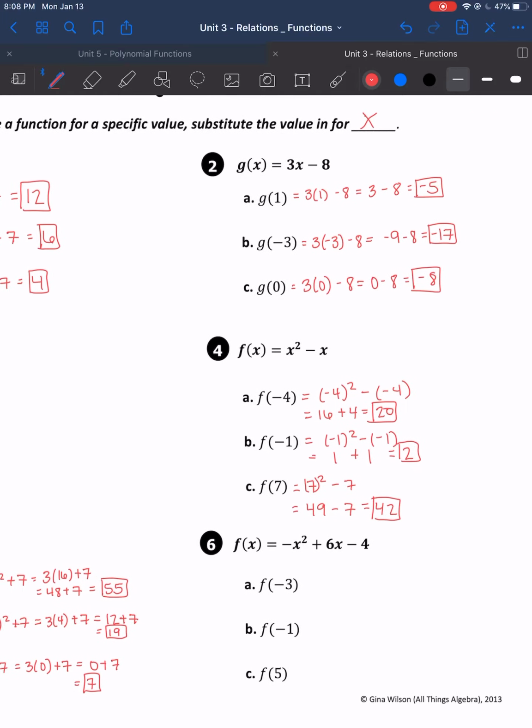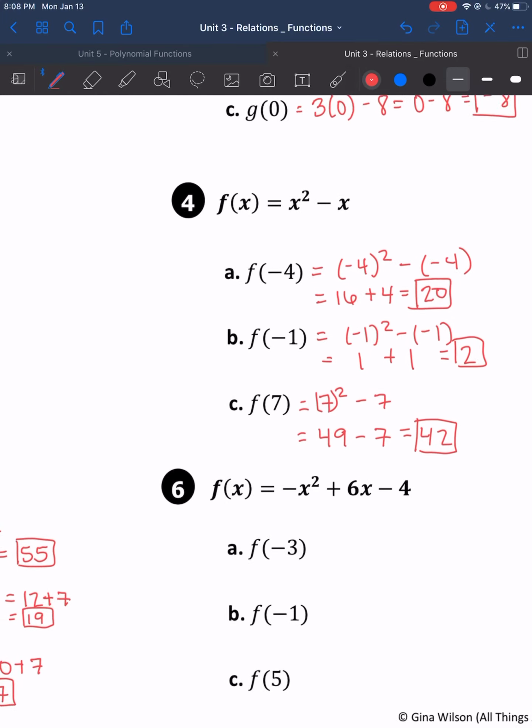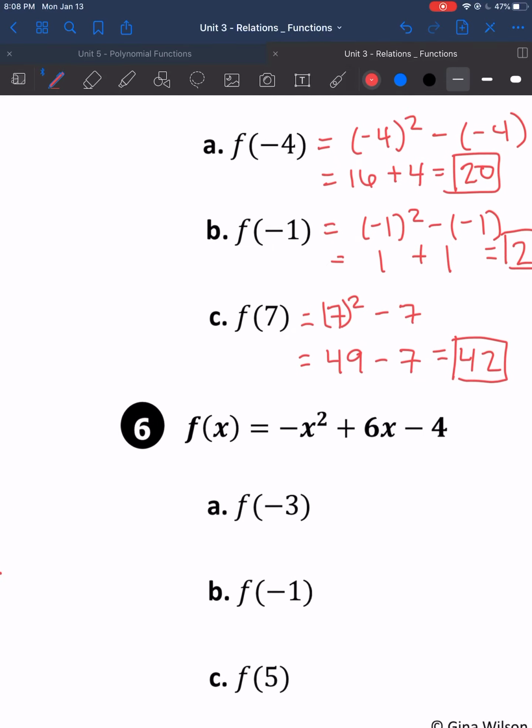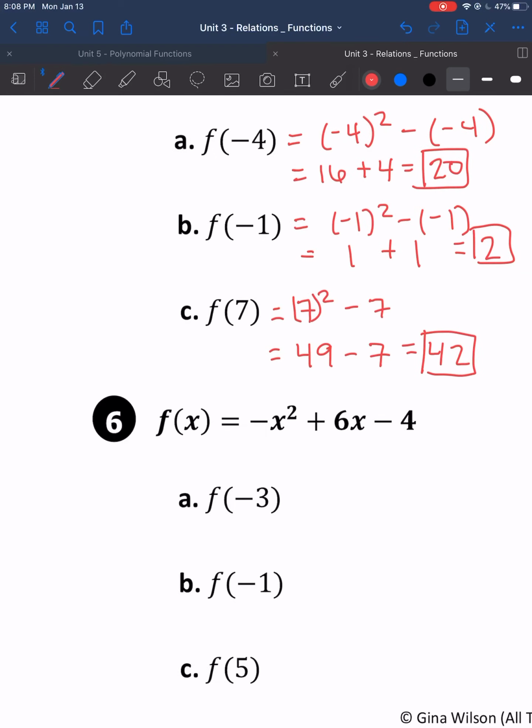So then I'm going to do 6 over here. This one's a little more complicated. f of x equals negative x squared plus 6x minus 4. So f of negative 3. I'm going to plug in negative 3 for every x that I see. So negative 3 squared plus 6 times negative 3 minus 4.